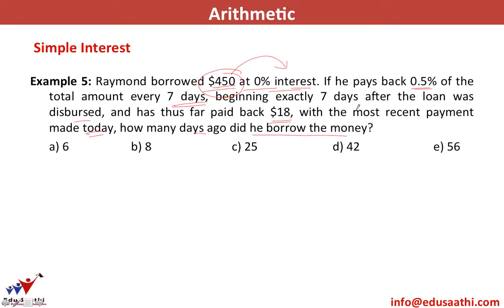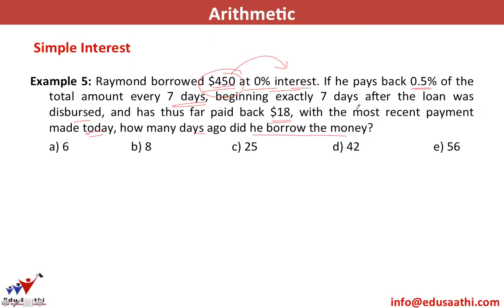So if I just look at this, $450 has to be borrowed and has to be returned back. The return rate for this is 0.5% of the total amount every 7 days.